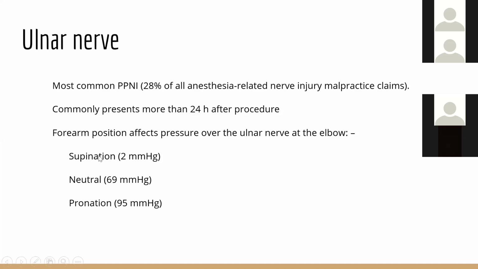If the patient is in supination during positioning, there will be a pressure of 22 millimeters of mercury on the ulnar nerve. If the patient's arm is in a neutral position, there will be 69 millimeters of mercury pressure on the ulnar nerve. And if the patient is in pronation, there will be 95 millimeters of mercury pressure on the ulnar nerve. So the most important position to prevent ulnar nerve injury is obviously supination.